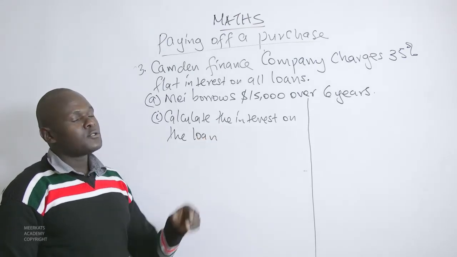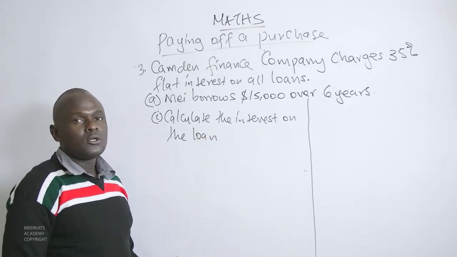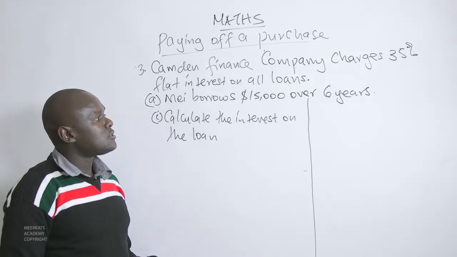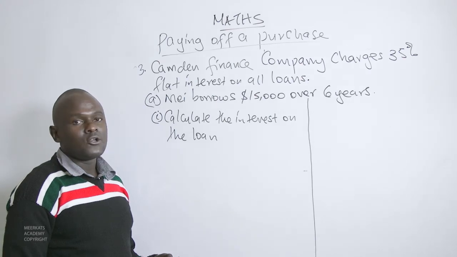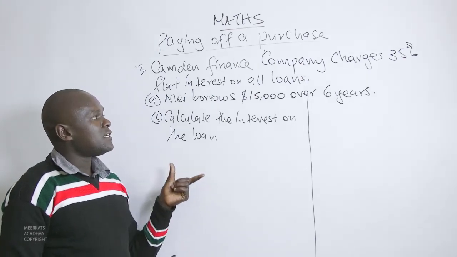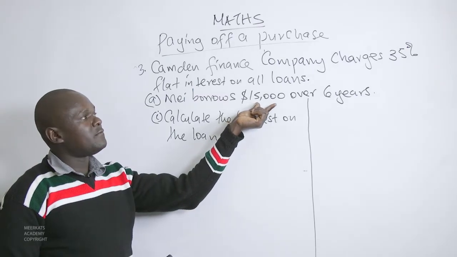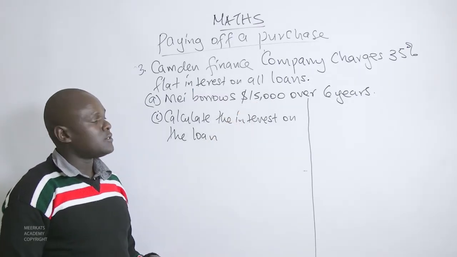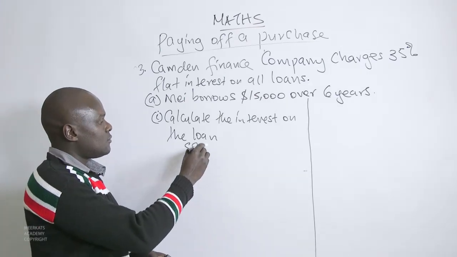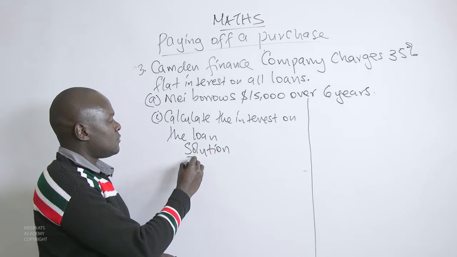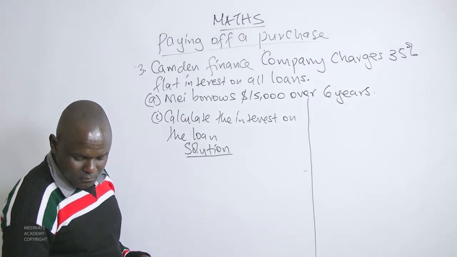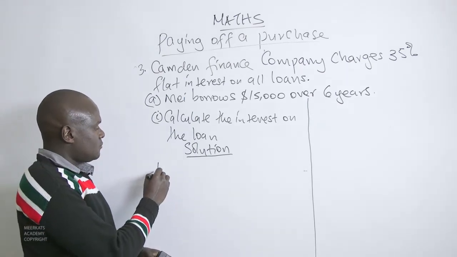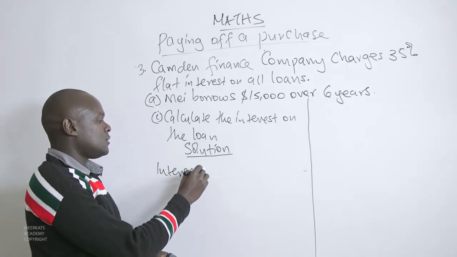If we have a flat rate of 35% on all loans, then it means the interest that May will pay on a $15,000 will be 35% of that amount, $15,000. And this interest can be calculated as follows.